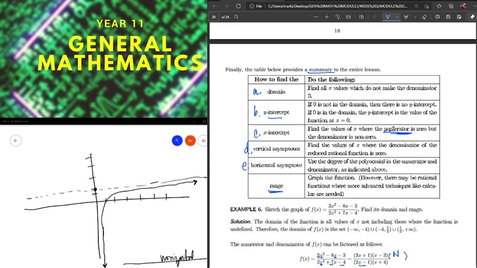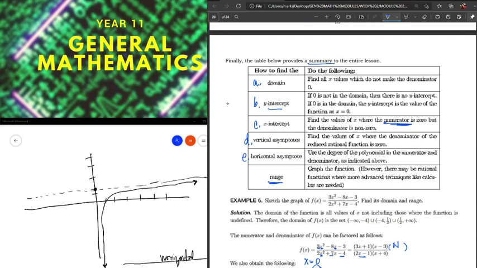Okay, so again, let me have the summary for domain. You just need to look for x or a number to be substituted by x. Be careful if it is a fraction because the denominator should not be equal to 0. Y-intercept is you substitute all x's by 0, numerator and denominator. X-intercept, the numerator will be equated to 0.